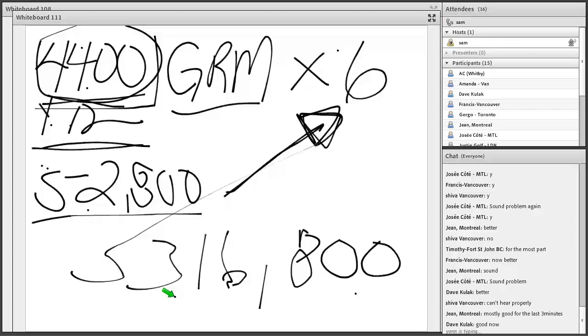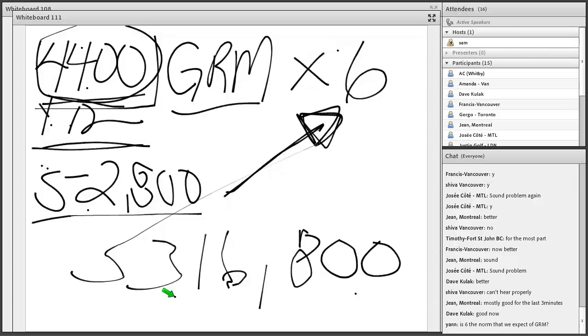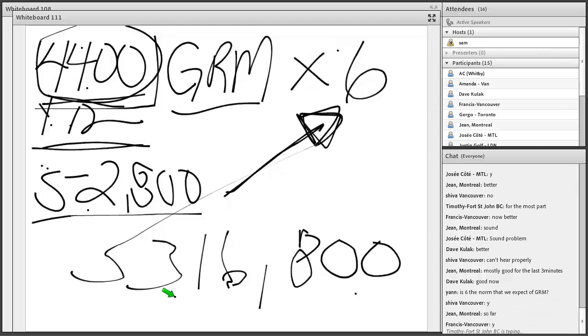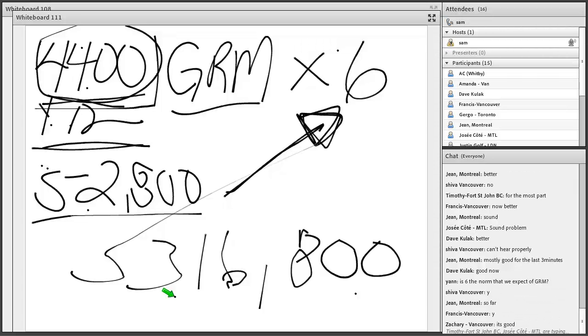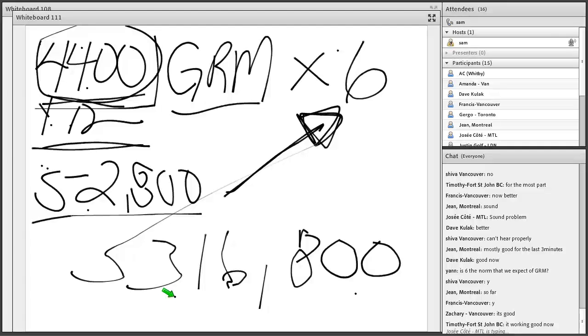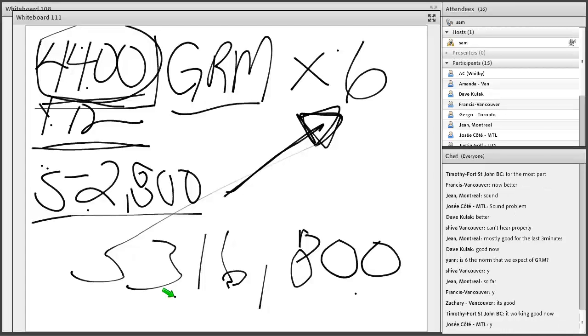Okay, let me try something else. Not sure why it's doing that, but we'll see if we can figure it out. Okay, is that better?